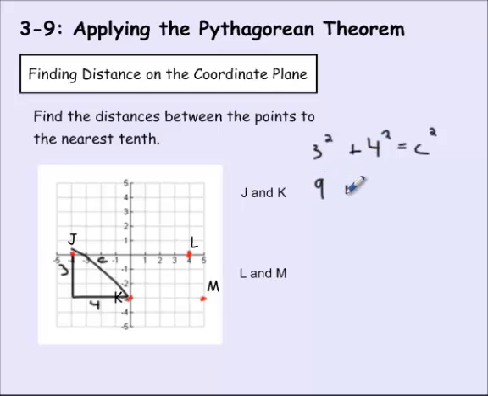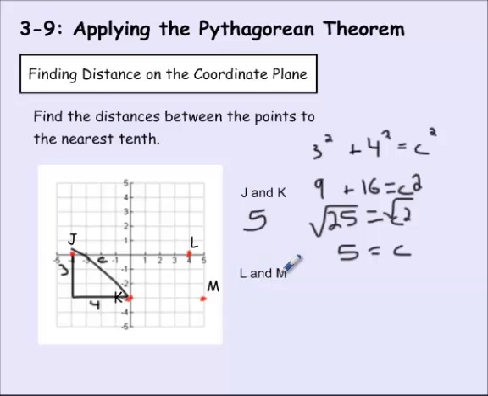Then we'd add 4 squared, which is 16. So that equals C squared. And then 9 plus 16 is 25. So that equals C squared. If we square root both sides, we'd be left with C over here, and then 5 over here, because the square root of 25 is 5. So C equals 5. So distance between J and K is 5.